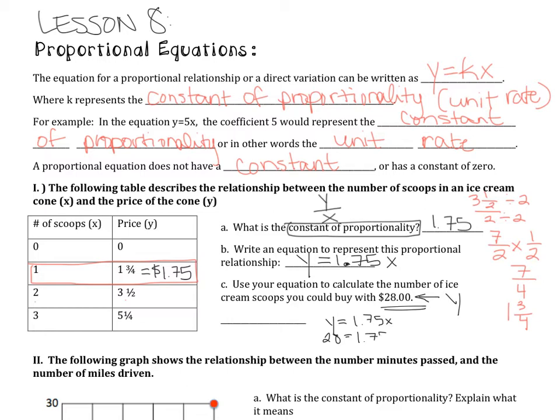I know to solve for x, I'm going to have to do that inverse operation, so I'm going to go ahead and divide by $1.75. 28 divided by 1.75, I type that in my calculator and I get x is equal to 16. Throw on my label there, and I could get 16 scoops for 28 bucks. That's a lot of ice cream.